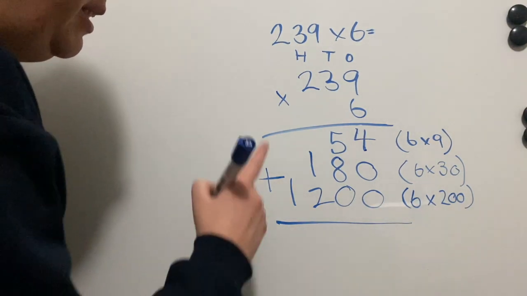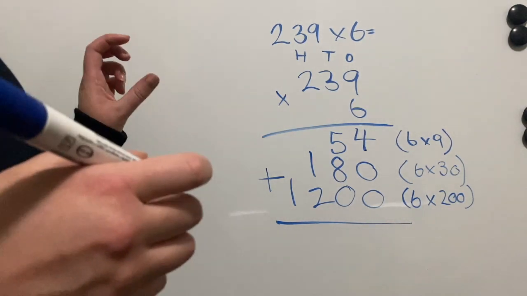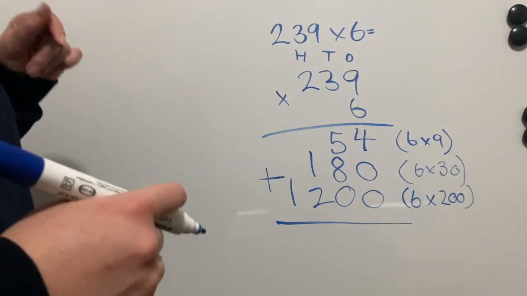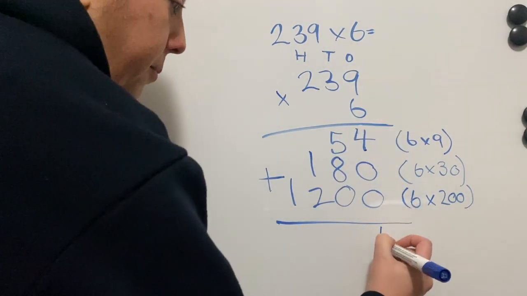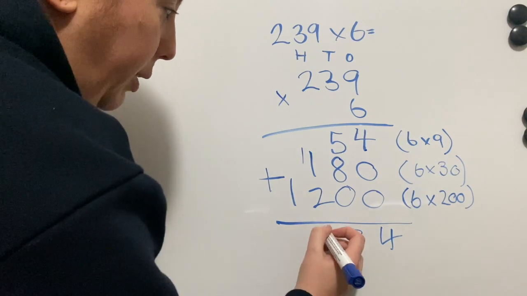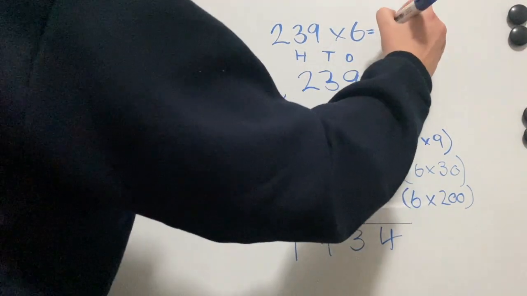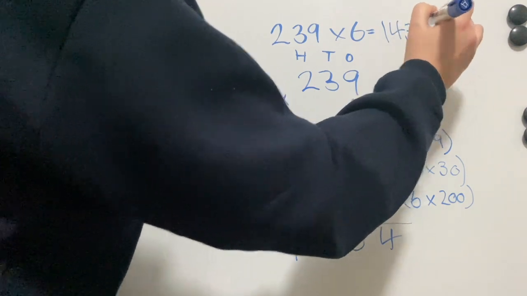Then my final step is to add up all my answers at the end. Again, really important that you've lined up your place value columns so you don't add the wrong number in the wrong column. I will need to do some exchanging here, but that's fine. And my answer is 1,434.